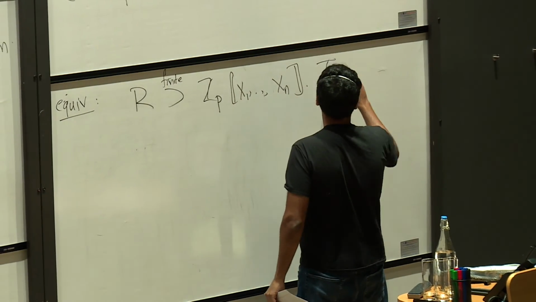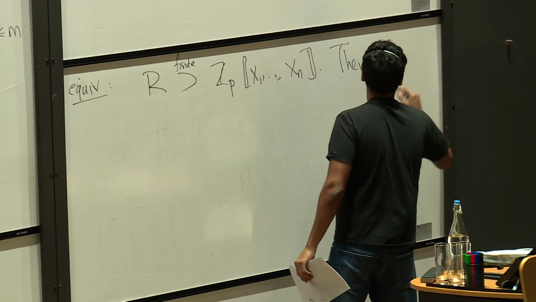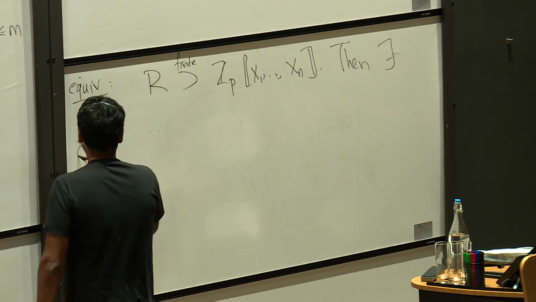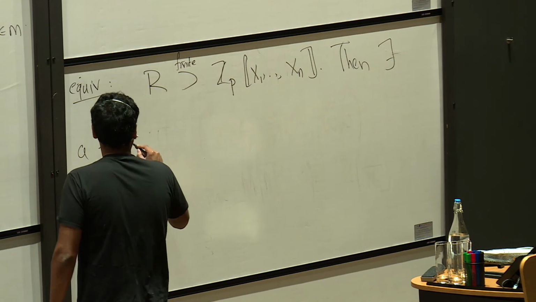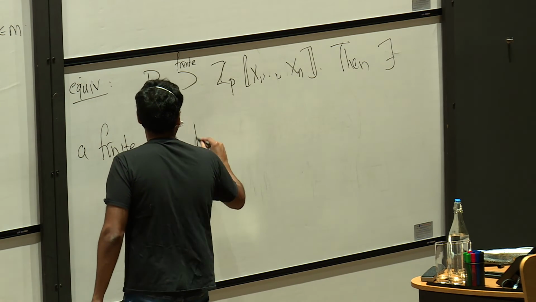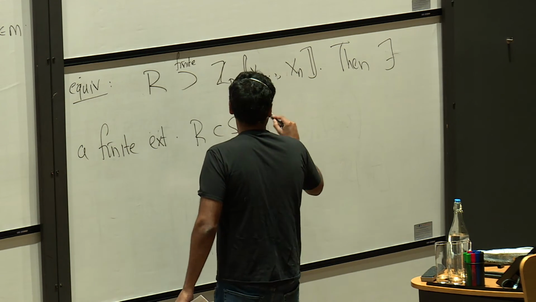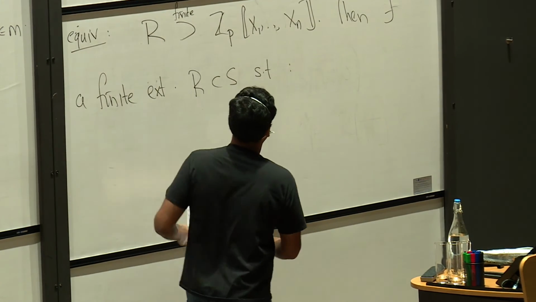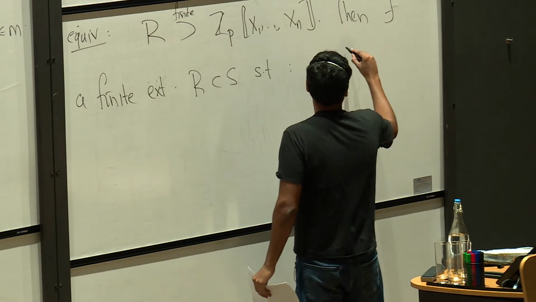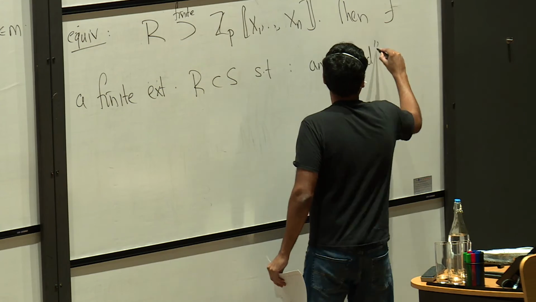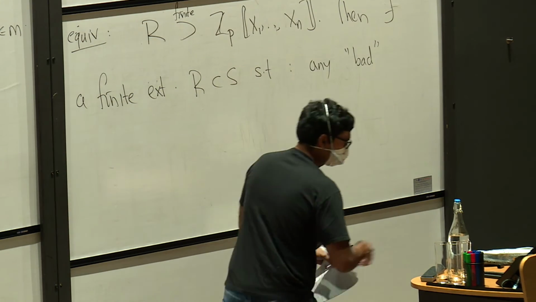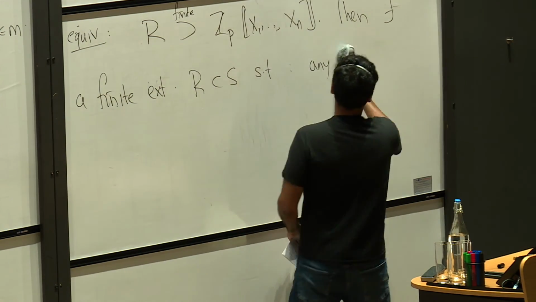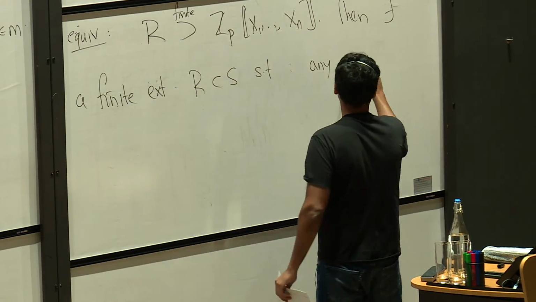Then there exists a further finite extension R inside S such that the following holds true. Any relation, well, I guess I can just say any relation, since the good ones are fine anyways.